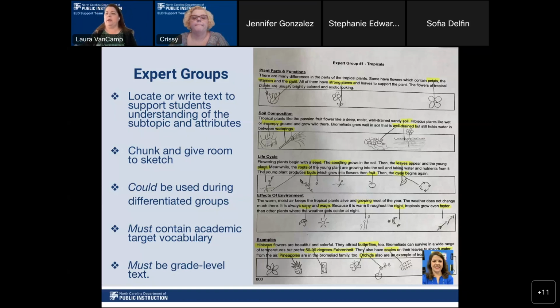So remember, on the mind map, the information is transferred from the expert text to the mind map. Now the students have all the information they need to become experts in that topic. The teacher would then call all of the twos to the back table and continue the process with a different topic.